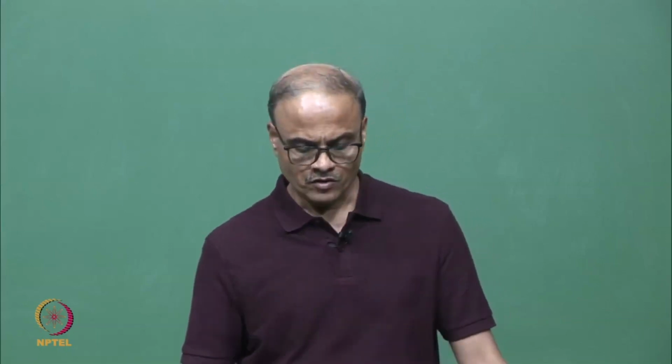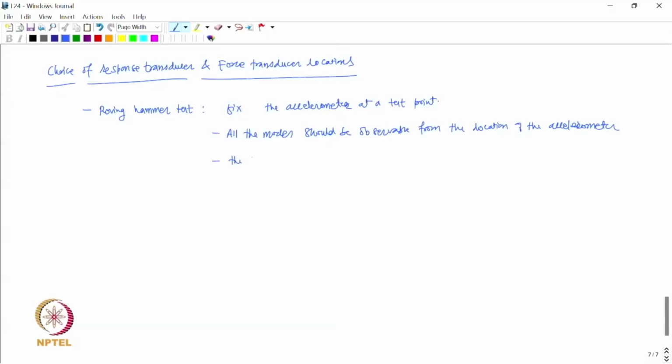If, let us say, the accelerometer location coincides with one of the nodes of a particular mode, then that mode would not be seen in the response signal measured by the accelerometer, and then that mode cannot be identified. And therefore the location should not coincide with any of the nodes of any of the modes.